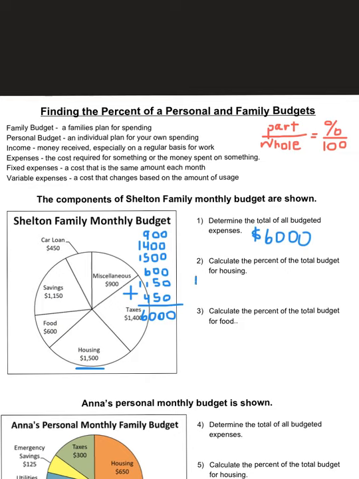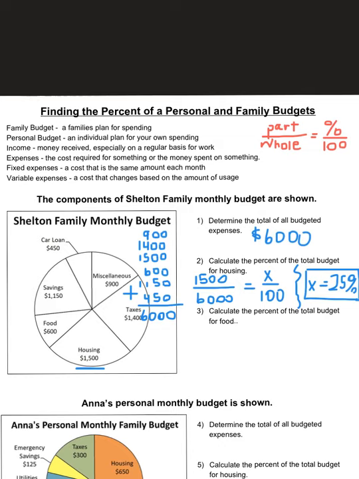So it will be $1,500 out of the whole amount, which is the $6,000 that we got when we added up all of the expenses. And then, of course, X over 100. Do your calculations, and you would get 25%. So 25% of their budget is put towards housing costs.